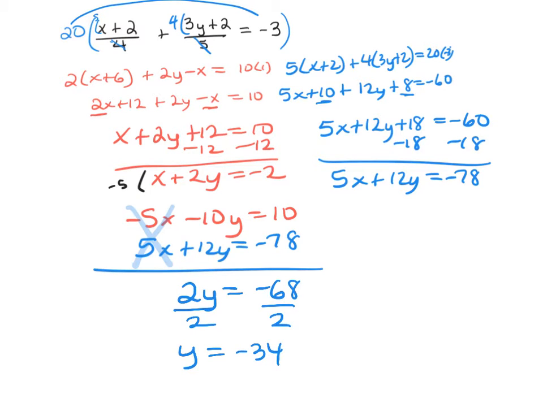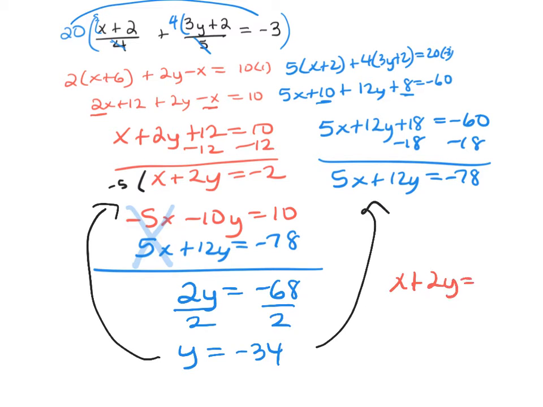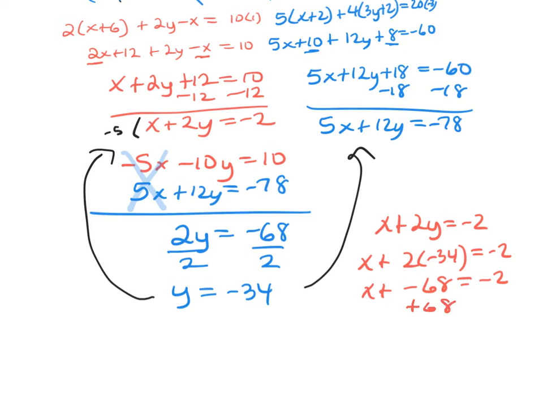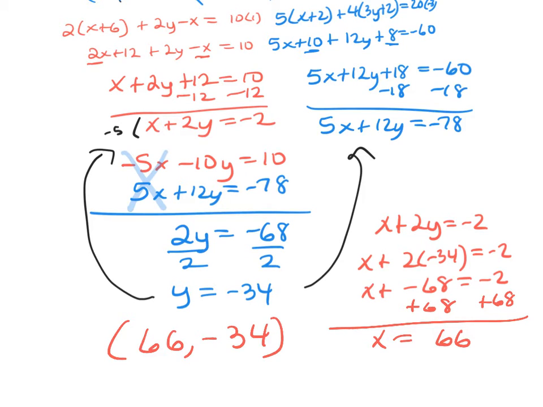So now I'm going to plug it in to either here or here. I think the red one's easier. So x plus 2 times negative 34 equals negative 2. X plus negative 68 equals negative 2. Add. And x equals 66. So 66 comma negative 34.